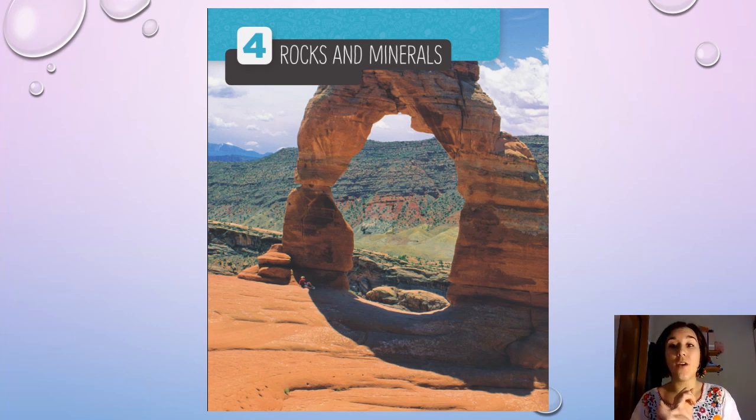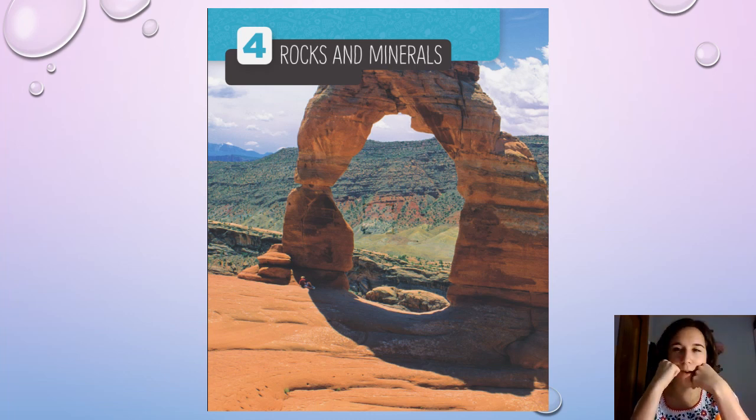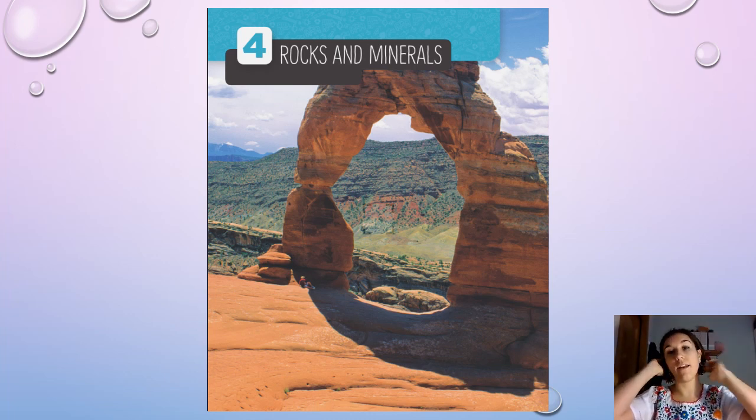And we see here a super cool rock like an arc, and you will tell me, teacher, I've seen arcs like that many times in my life in many cities of Spain. Well, yes, the difference is that this arc is not made by humans. This arc is natural. The nature created this arc, which is super cool.